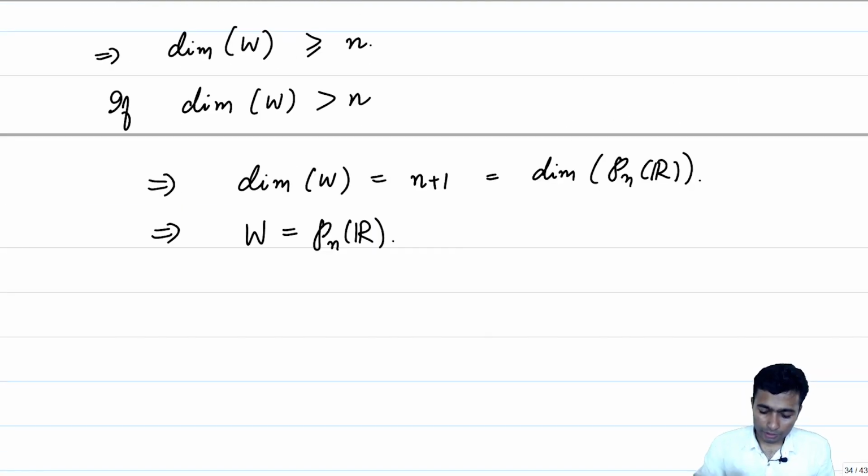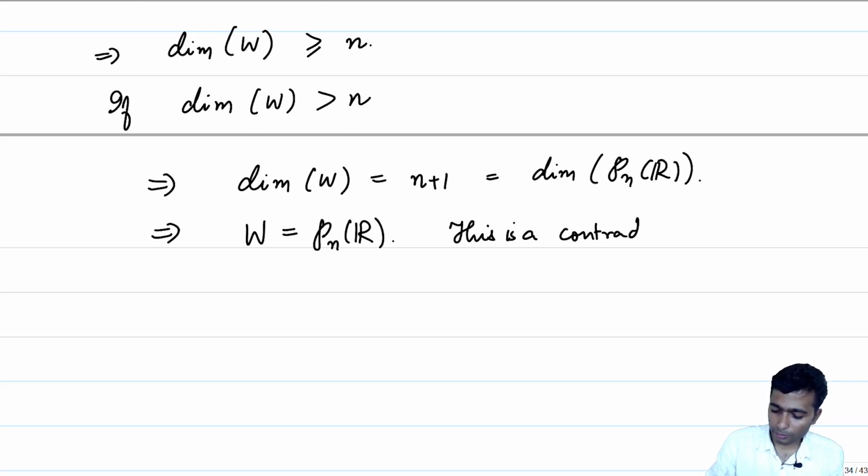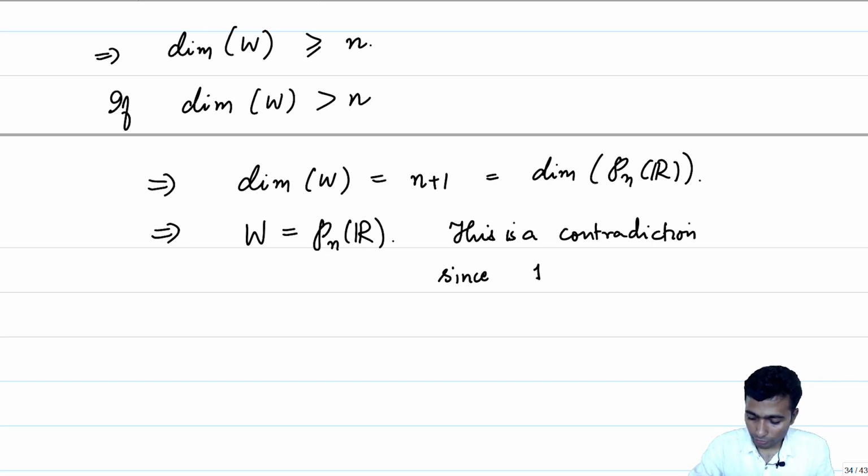But that cannot happen, because this is a contradiction. What was our W? W was the collection of all those polynomials which vanish at c. In particular, the constant polynomial 1 at c is equal to 1, which is not equal to 0.